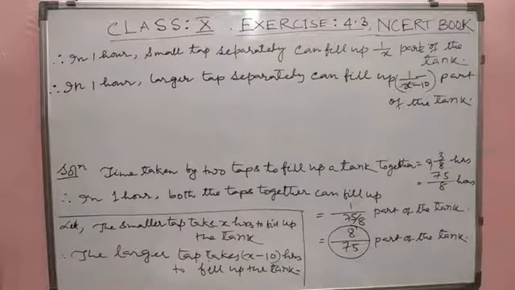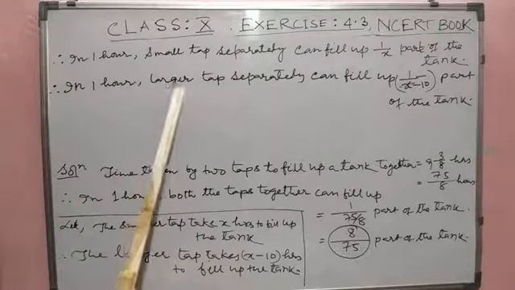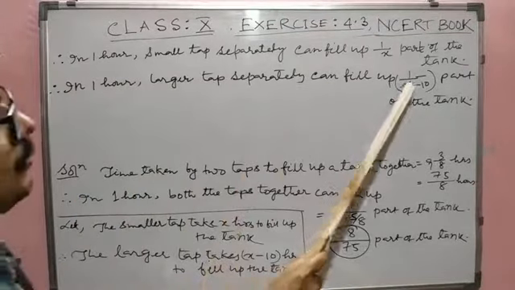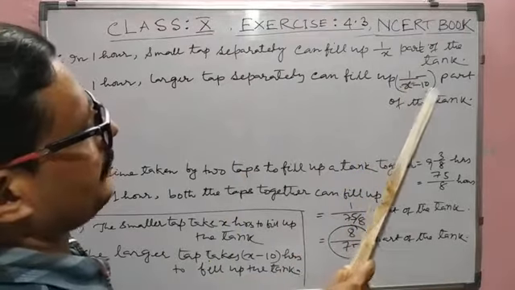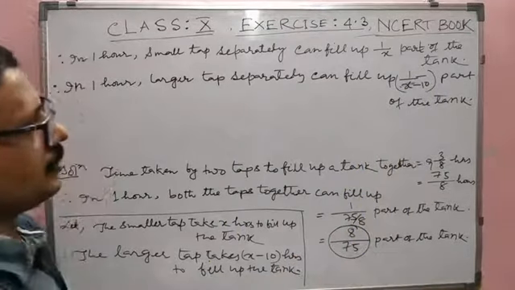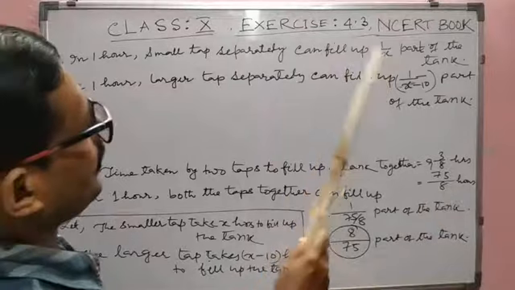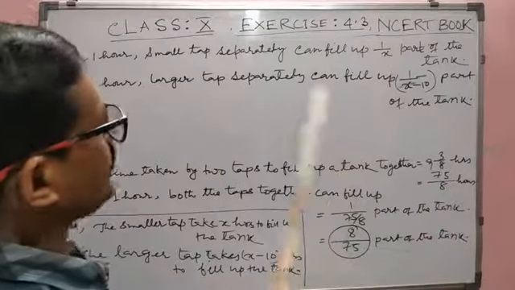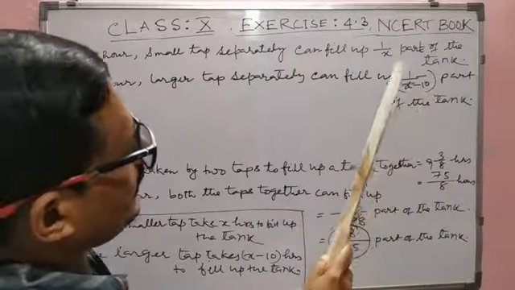So the larger tap takes x minus 10 hours to fill up the tank, and in 1 hour it can fill up 1 by x minus 10 part. So this is the part filled up by the smaller tap in 1 hour, and this is the part filled up by the larger tap in 1 hour.